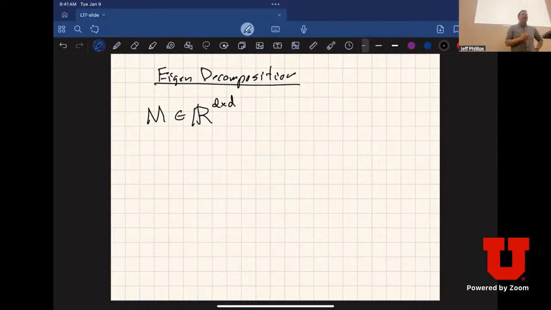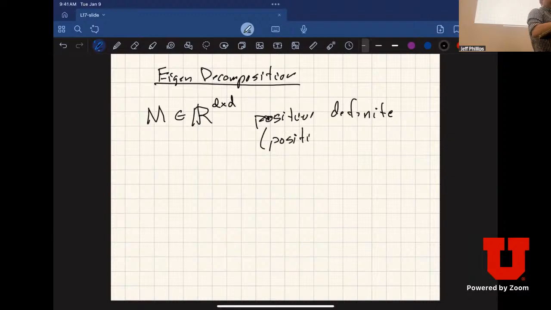And in this class and in most of data analysis, we're going to have the luxury of saying something nice about the square matrix, that it's going to be positive definite, or maybe positive semi-definite. Okay, do you remember what those mean? What does it mean for a square matrix to be positive definite?